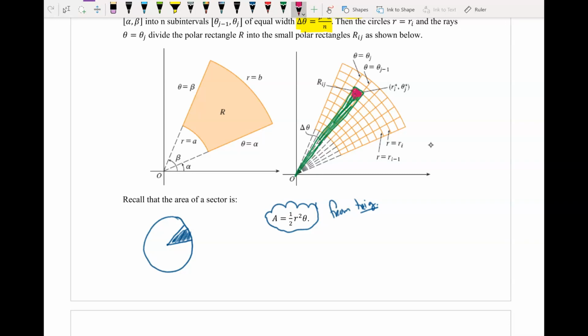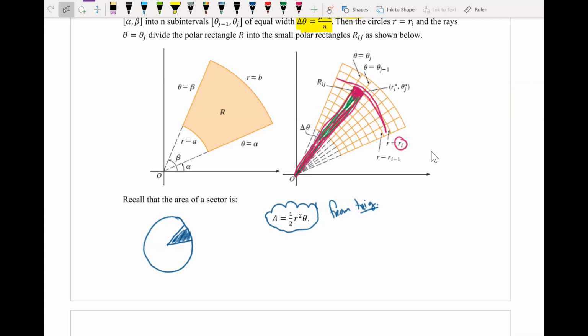So in order to find that little purple area, I'm going to find the area of this whole thing, from here to here. This is going to be from a circle of radius r_i. So let's say this is the r_i-th radius. And I'm going to subtract this whole area.